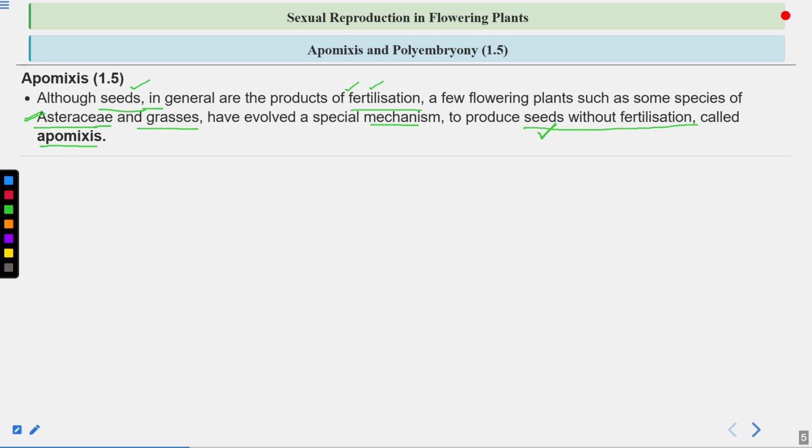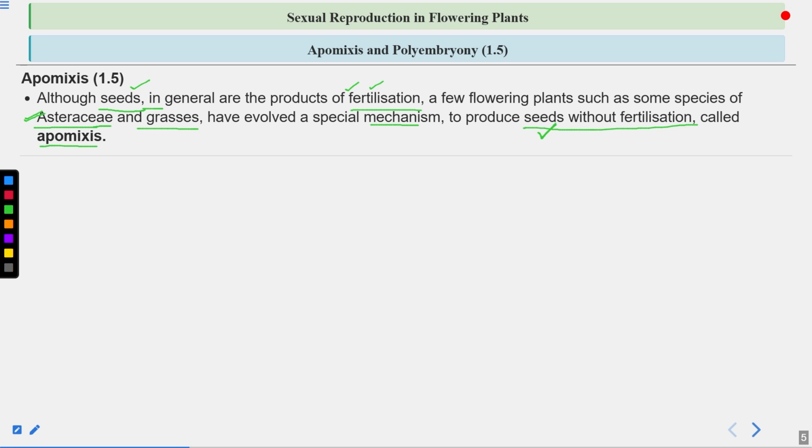Actually, there is no fertilization. There will be no syngamy and no triple fusion. No fertilization is taking place here, but still the seeds are formed. So this is the question, how does it happen?